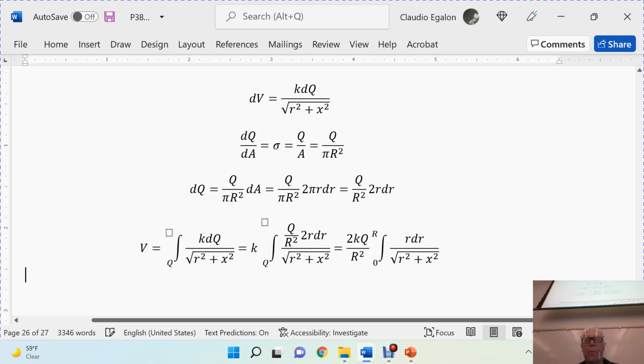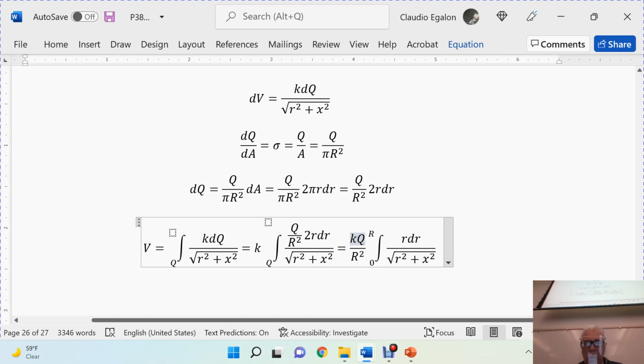This integral is easy to calculate, right? We can even leave this 2 here inside because it's going to help us in the calculation.